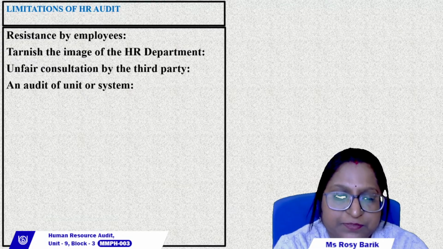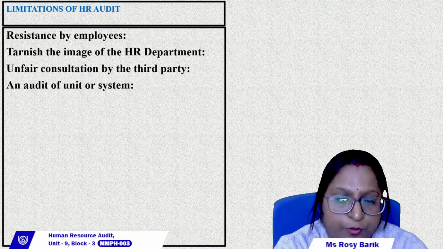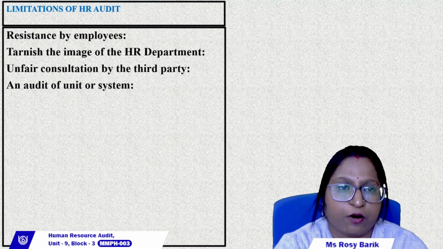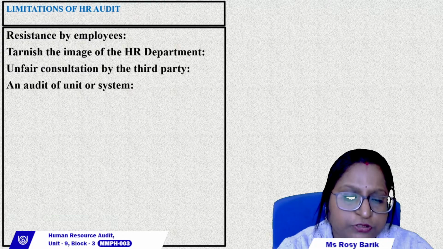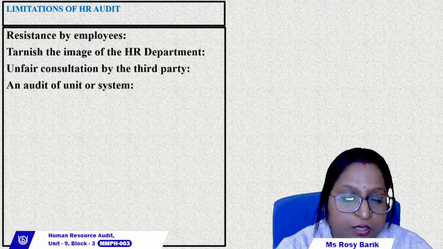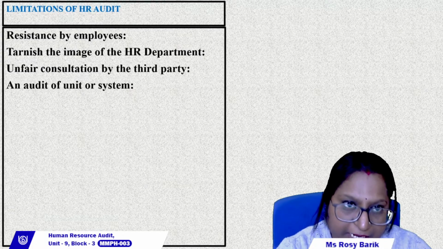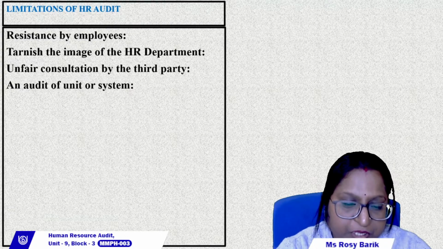Performance management: an inconsistent performance appraisal process results in biased evaluations. Then employee relations: poor communication and lack of transparency lead to low employee morale. So from the HR audit, we can find the updated HR policies and procedures, recruitment and selection, employee onboarding, performance management or appraisal, and the employee relations part.